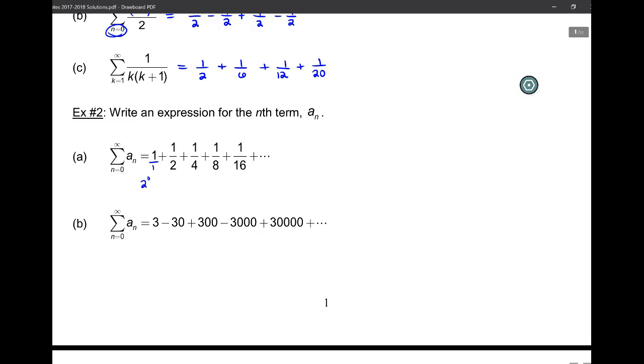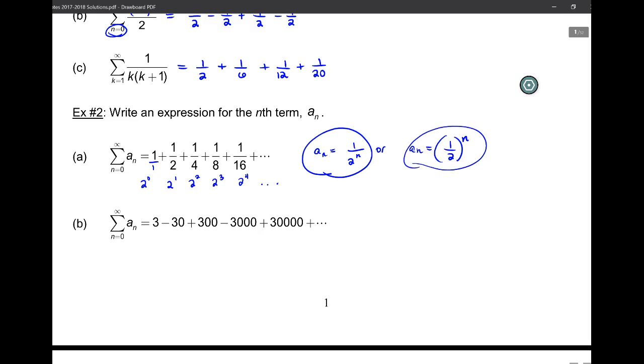The first one is 2 to the 0, 2 to the first, 2 squared, 2 cubed, 2 to the 4th, and so on. So we want to write a sub n. You can write it as 1 over 2 to the nth power, or you can write a sub n as 1 over 2, all to the nth power. It's the same because of the 1 in the numerator. So either one of these would be fine.